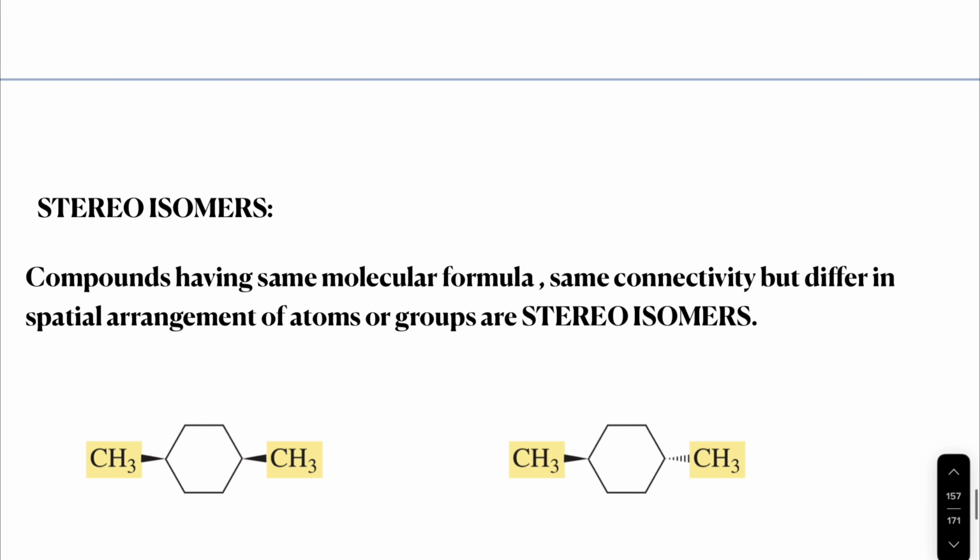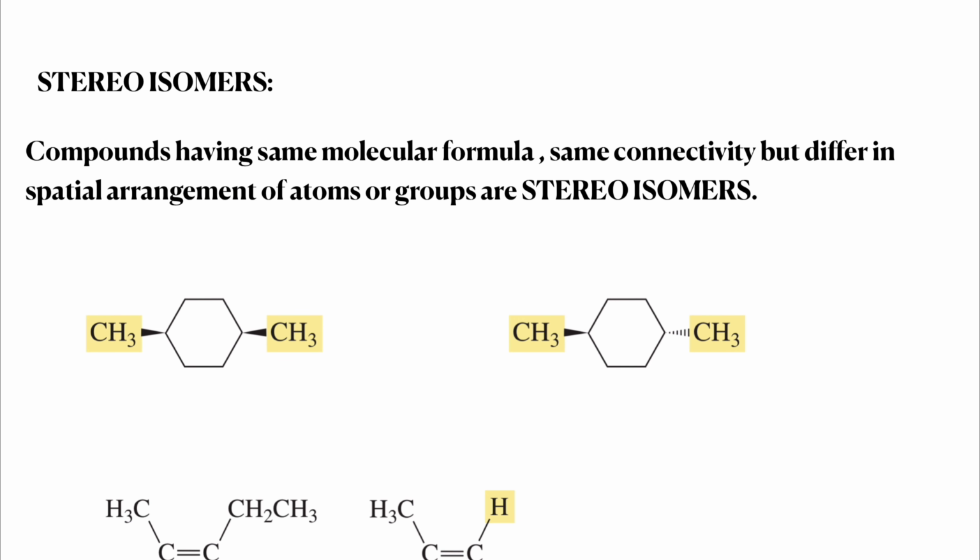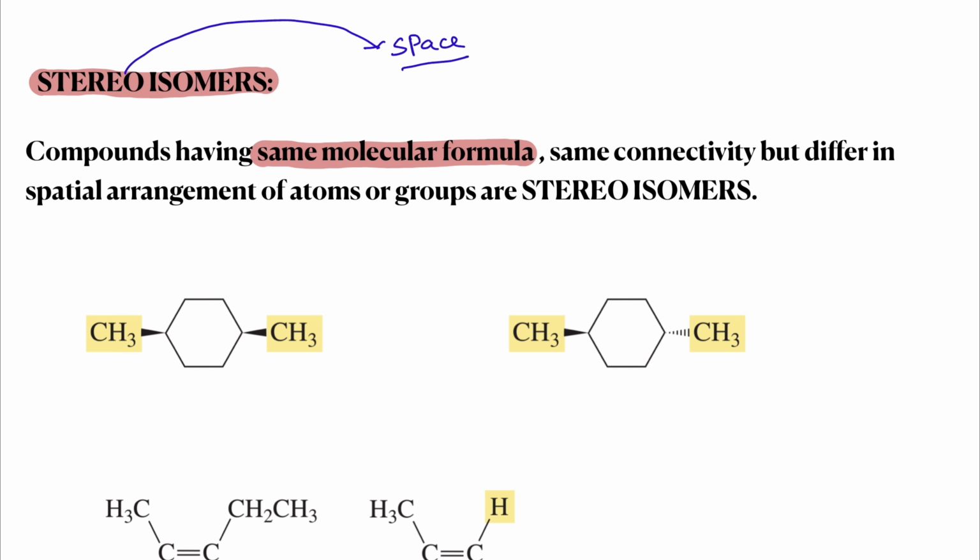So first, let us understand the exact meaning of stereoisomers. Here, stereo, the exact meaning of stereo is space. Therefore, stereoisomers are also known as space isomers. These are the compounds having the same molecular formula, same connectivity, that is the same structural formula, but they differ in spatial arrangement of atoms or groups.